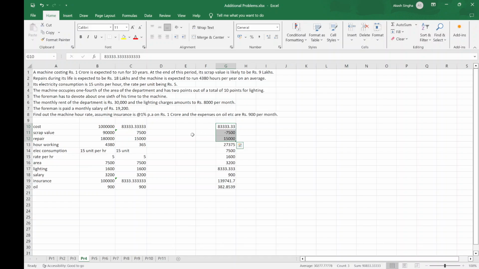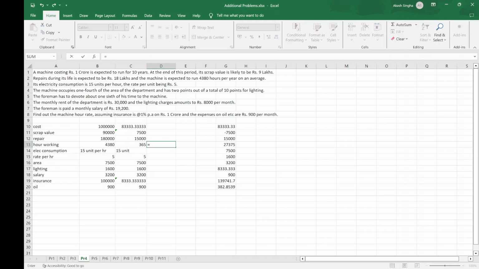Now using it for 380 hours, for 365 days, right? The machine is expected to run for 380 hours per year. So in 365 days, we'll use it for 380 hours.